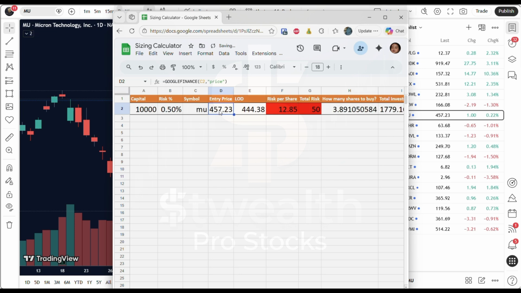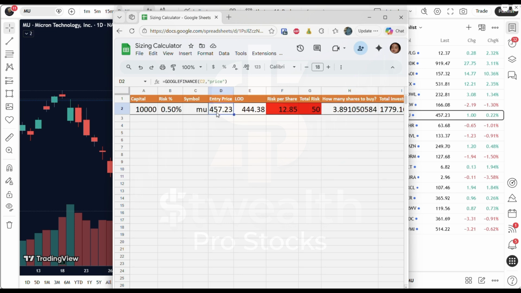It's going to pull the entry price based on the current price, give or take. And the low of the day is 444.38. So per each share that I'm buying, my risk is $12.85, and the total risk I can afford on a $10,000 account, assuming I'm only risking 0.5%, is $50. That means I can only buy 3.89 shares. Let's round it off to 4. So 4 shares is what I can buy.